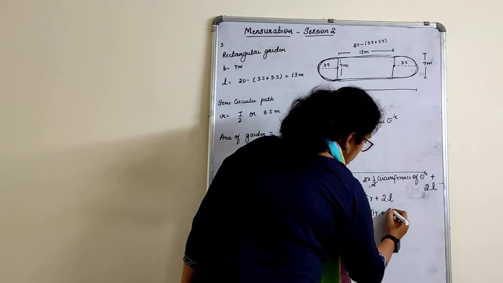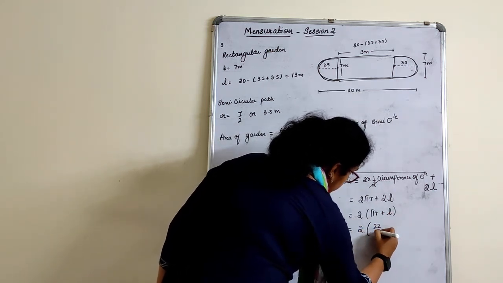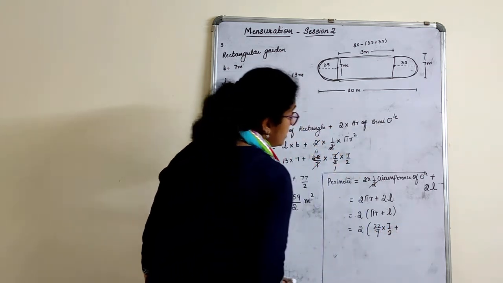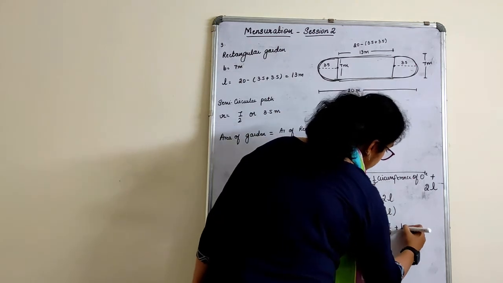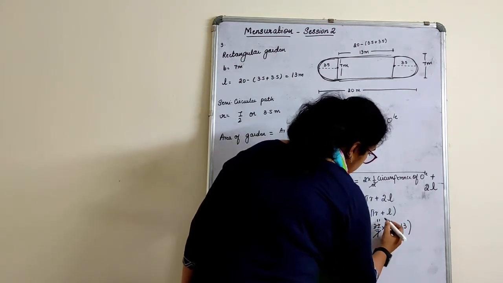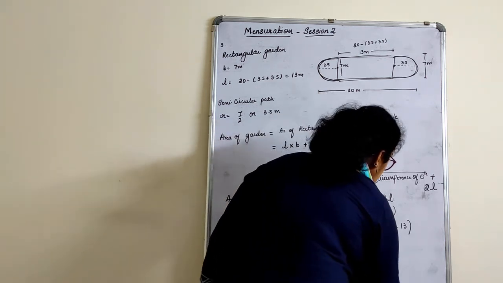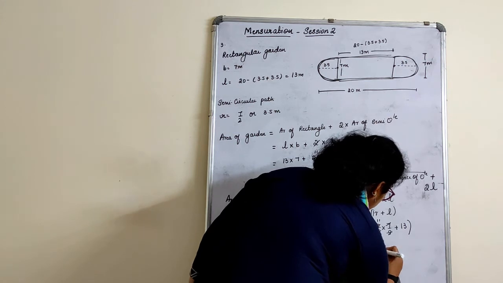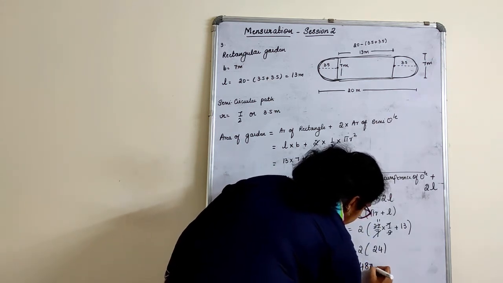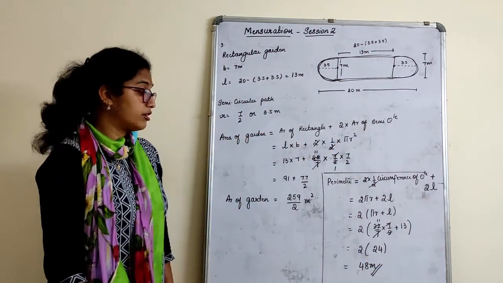Pi r plus l, 2 as it is. 22/7 into 7/2 plus l is what? 13. So 7 and 7 cancel. 2 1s are 2, 2 11s are 22. 2 into 11 plus 13 will give you 24. 24 2s are 48 meter. Perimeter of the garden is 48 meter.